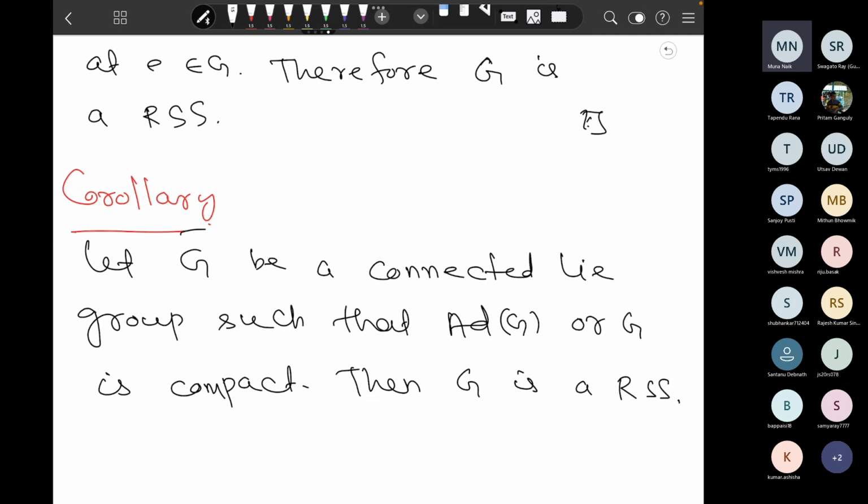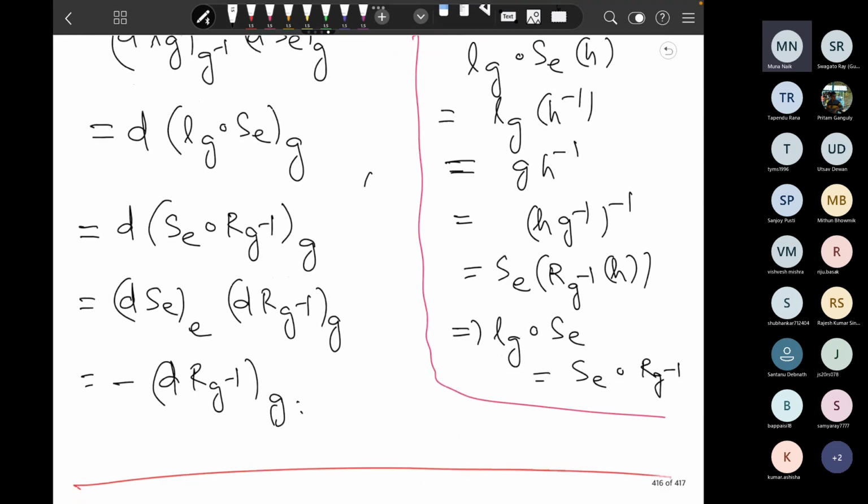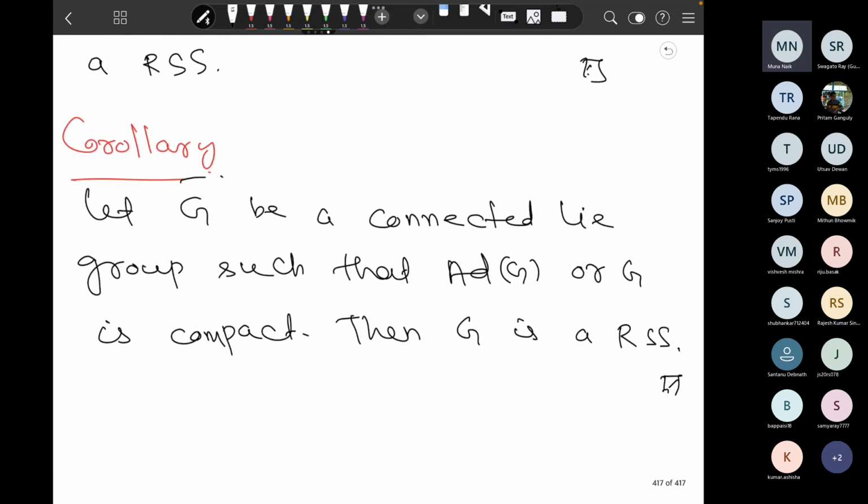Later, in the next lecture, we will define some topology on the isometry group, and we will see that I(M) is a Lie group. I will not prove that, I will just state it, and then we will move towards the Lie theoretic characterization of symmetric space. With this I would like to stop, and if there is any question I will be happy to answer it.